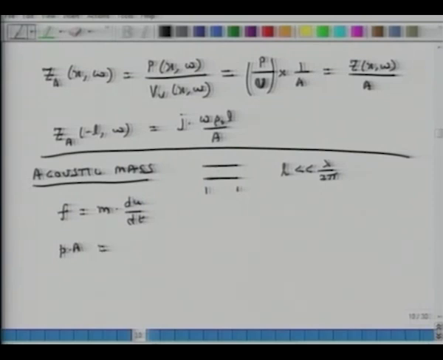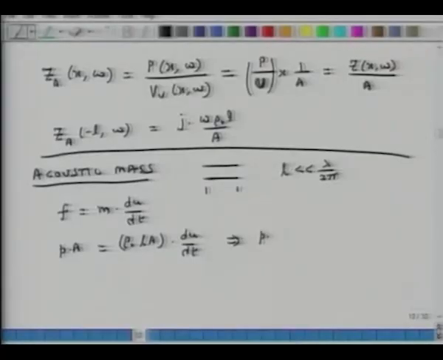So P times area is mass, and mass itself is density times the volume of the tube, which is L times A, times du over dt. Now I know that area times u is volume velocity. So I can say P times A equals rho naught L times dVV over dt. Pressure equals rho naught L over A times dVV over dt.